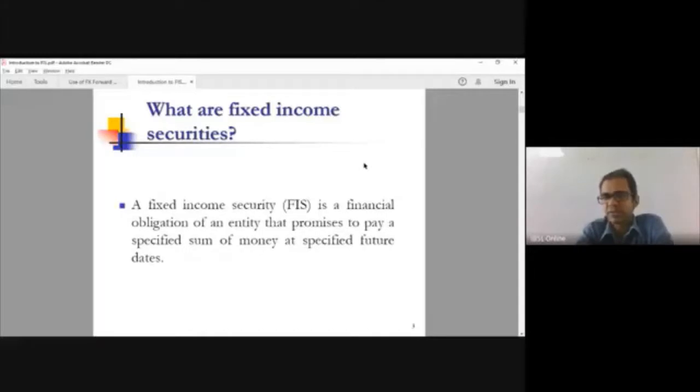That government promises to pay a specified sum of money, maybe 10% or something like that, every 6 months, until the product matures. That is the specified sum of money that is paid on future dates.